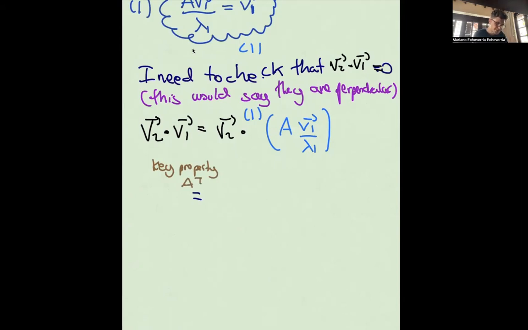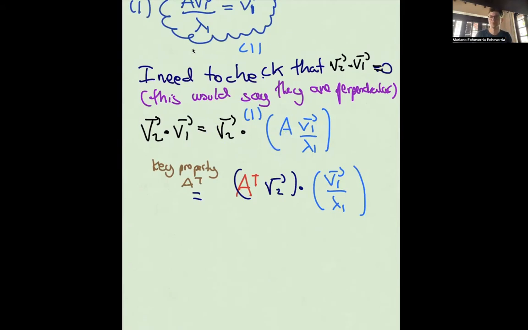You can move this factor to the other side if you write it as a transpose. So let me put A transpose v2 dot v1 over lambda 1. Again, that's why this is useful, because you can just move the matrix to the other factor.